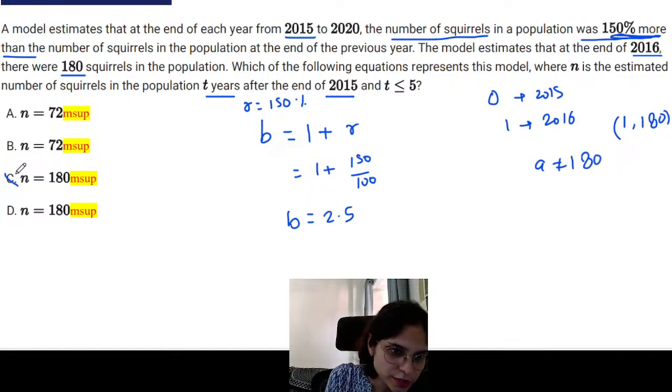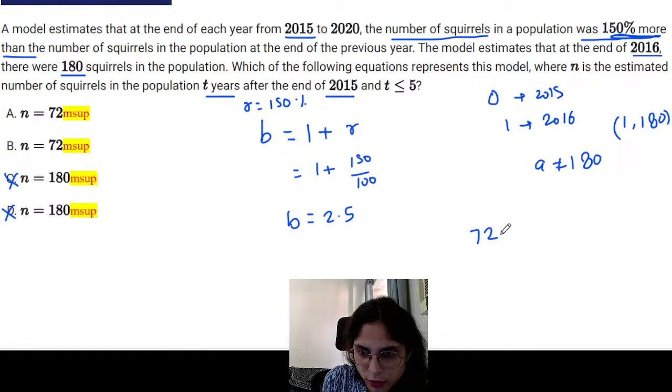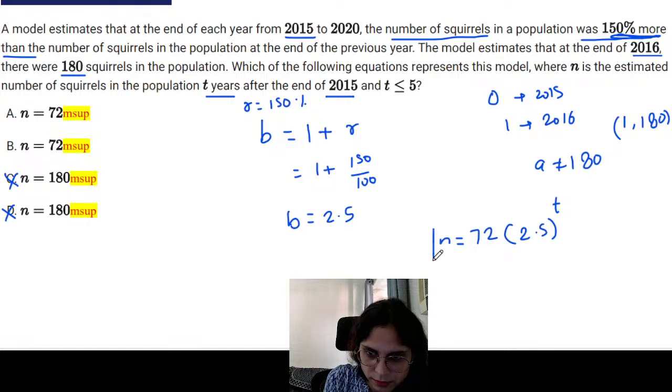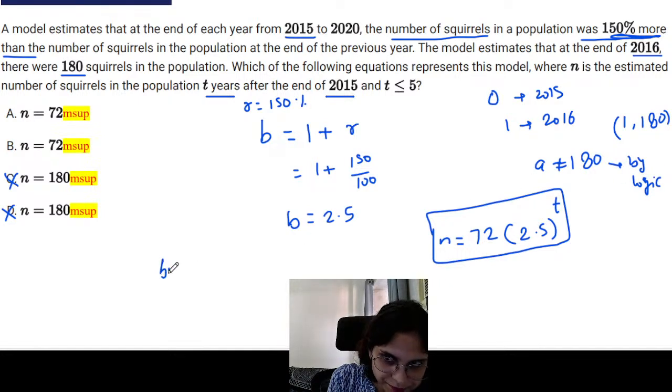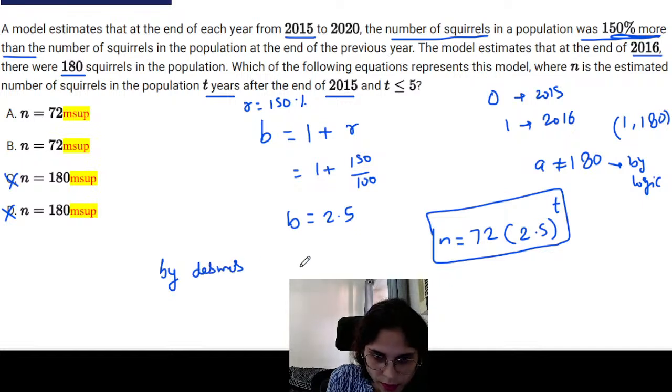So these two options are gone. The only option you have is 72. So your answer is 72 times 2.5 to the power t. This is by logic and by Desmos. You have y is equal to a times b to the power x.